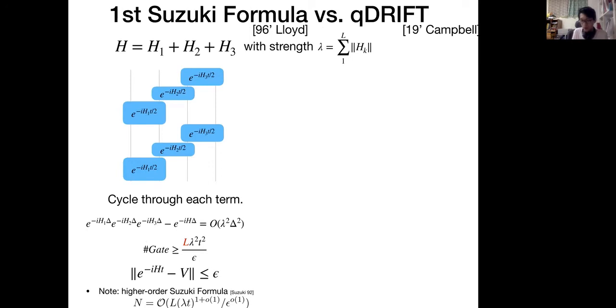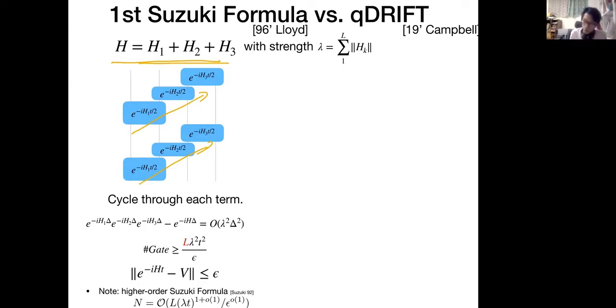Let's just look at this simple example, the first order formula. It will also be nice to contrast it with its randomization. So let's start with the Hamiltonian, which has 3 terms with some strength lambda. The first order formula is just going to cycle through each term.